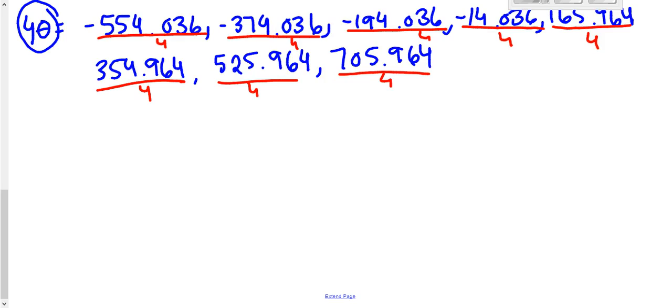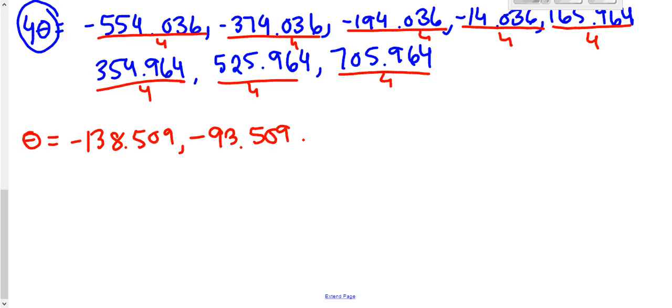So when we do that, theta equals negative 138.509, negative 93.509, negative 48.509, negative 3.509.